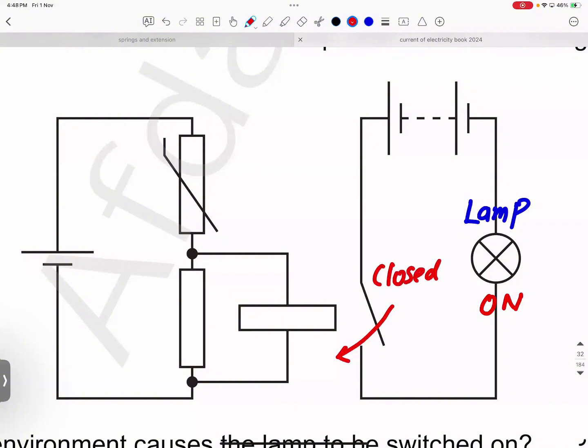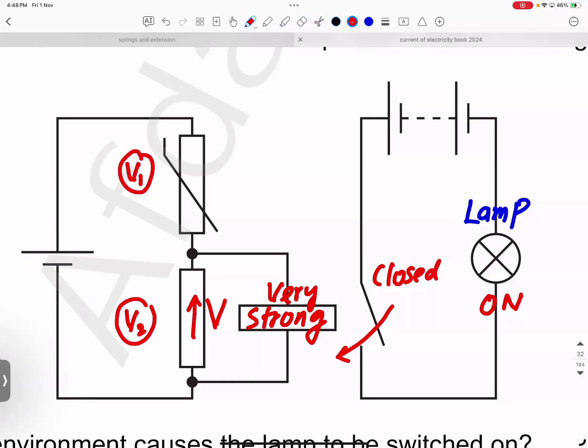To close this switch, this electromagnet should be very strong. For this electromagnet to be very strong, this voltage share should be very high. If this voltage share, V2, is to be very high, then the other voltage share, V1, should be very low. It's a potential divider circuit.